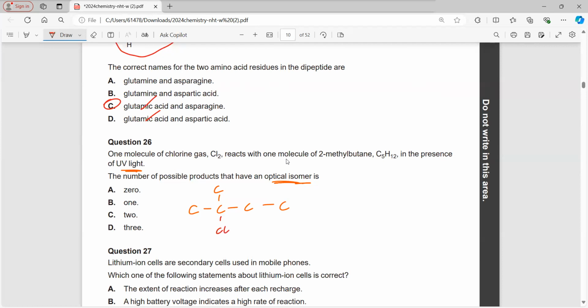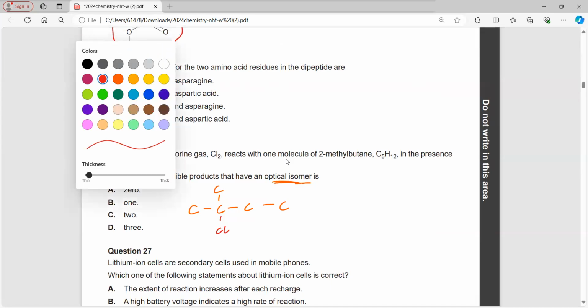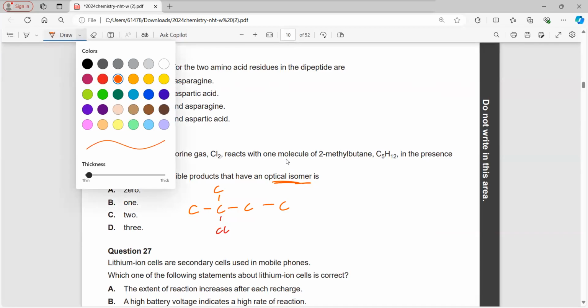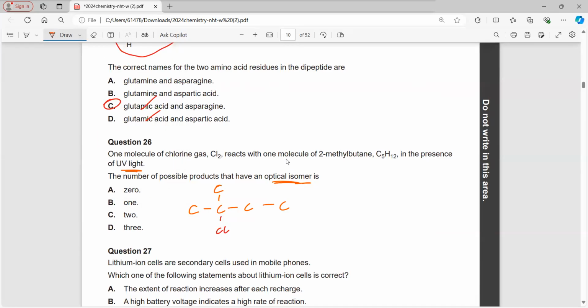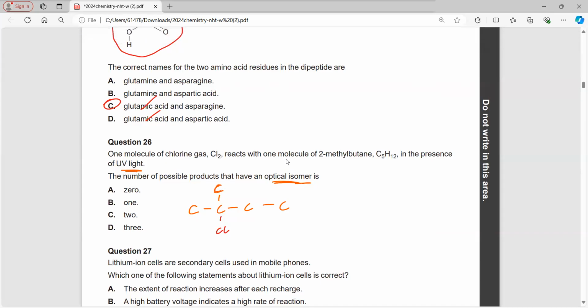Can you see how it's not going to be a chiral carbon that is generated? Just because it's connected to a CH3 and a CH3 here, so it's connected to two of the same thing. So it's not going to be a chiral carbon.